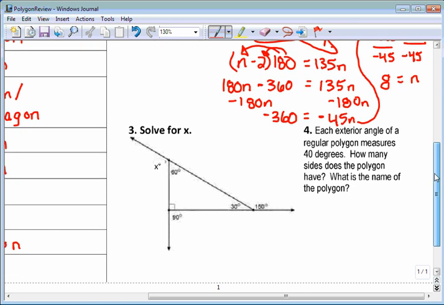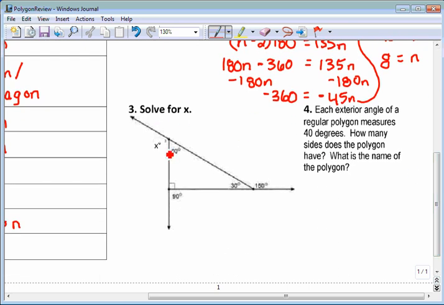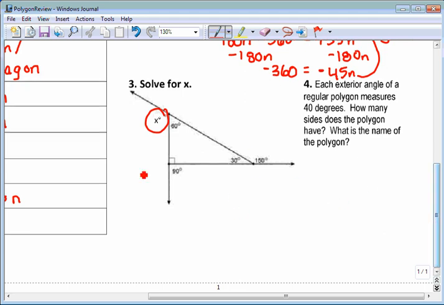Okay, problem number 3, we're asked to find x here. Now, we're dealing with exterior angles here. We know that the sum of the exterior angles of a convex polygon is always 360 degrees. So I can say 360 is equal to, and I just have to add my exterior angles together.